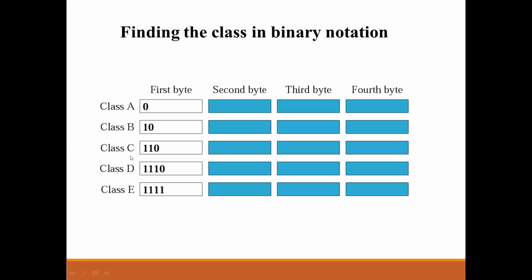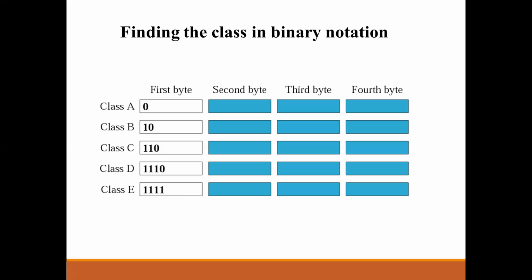In class D, the first bits are 1, 1, 1, 0. And if the first 4 bits are all ones, then it is class E.